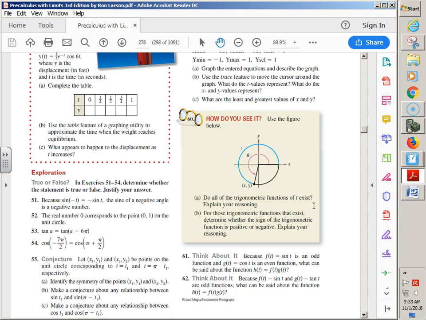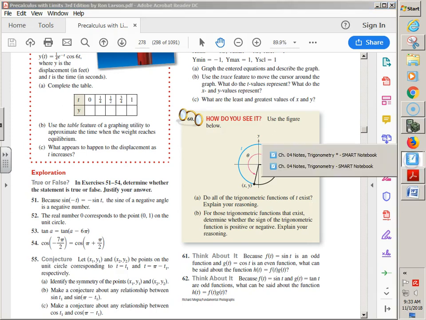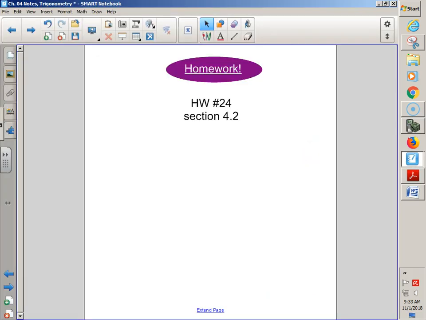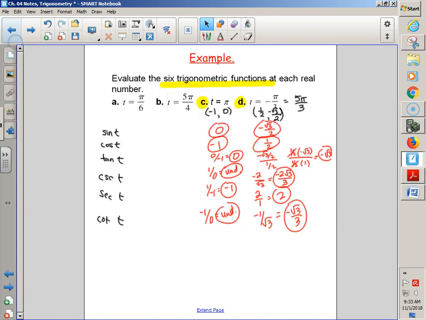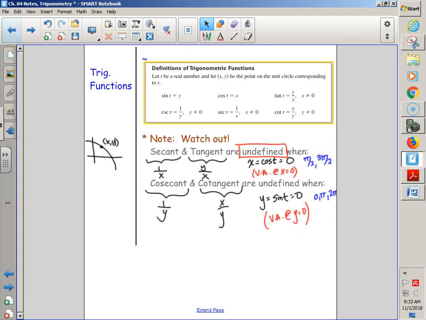So in the third quadrant, because they showed it in the third quadrant, we know x is negative and y is negative to get to any point there. So in your formulas, as far as how to get all the different trig functions with x's and y's, if x is negative and y is negative, sine is negative, cosine is negative.